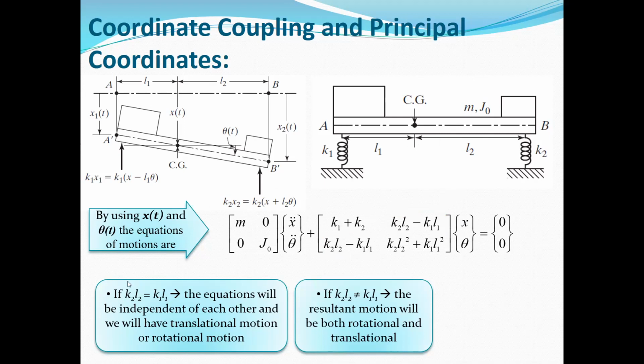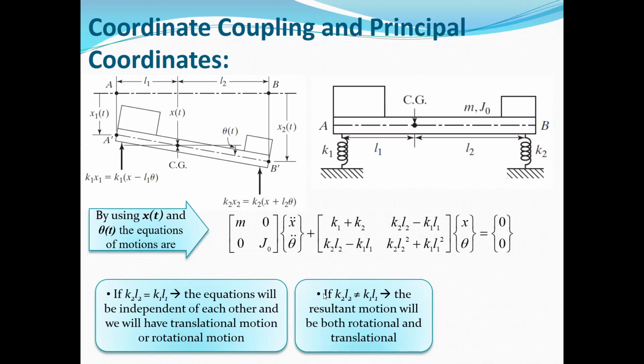But if this condition was, I mean, K1 L1 was equal to K2 L2, then we had the pure rotational or pure translational motion. Okay, so this is the condition.